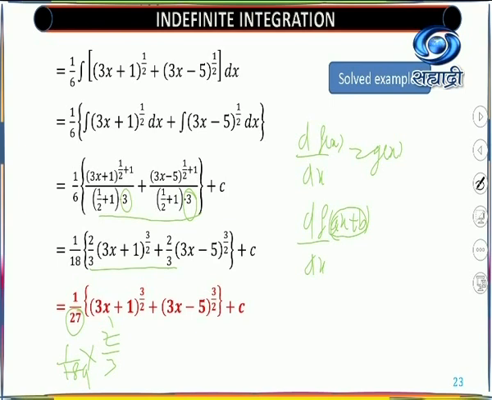If you substitute ax plus b equal to t, then what will you get? You will get d of f(t) upon dx, but we don't want dx, we want t. So you are able to write this as df(t) upon dt into dt upon dx. This is the chain rule which you are using.